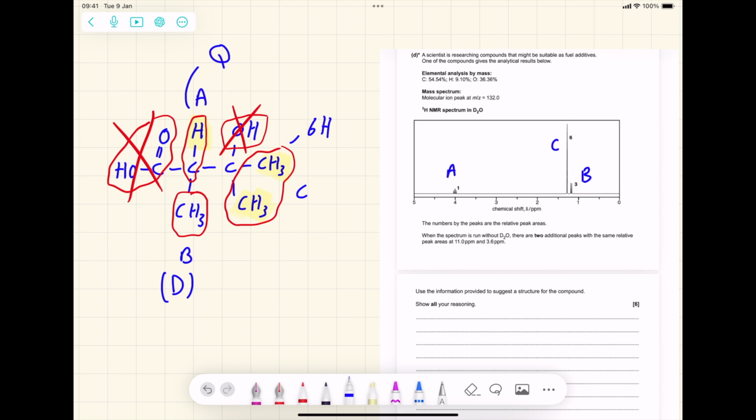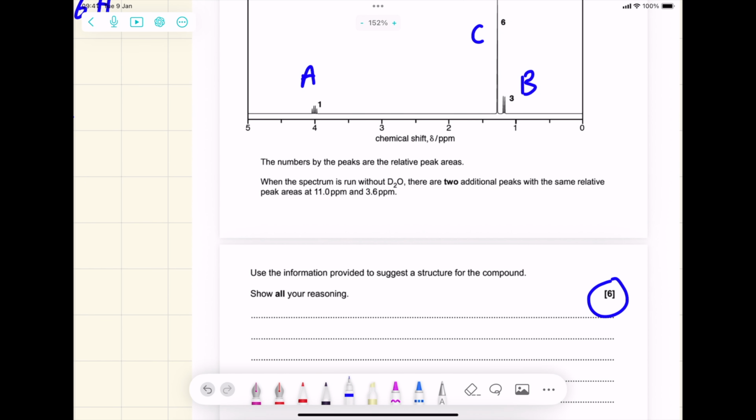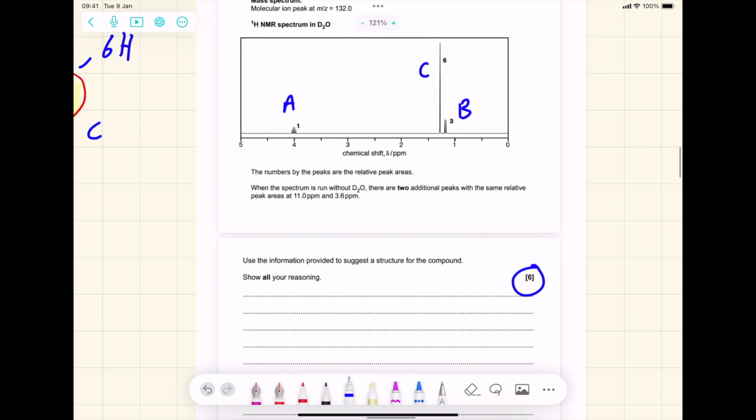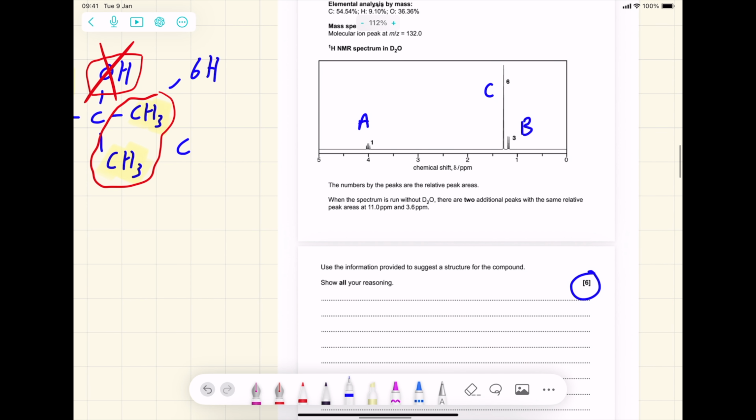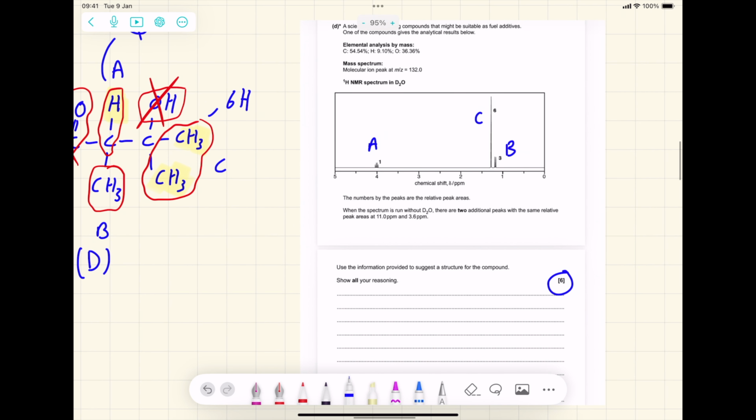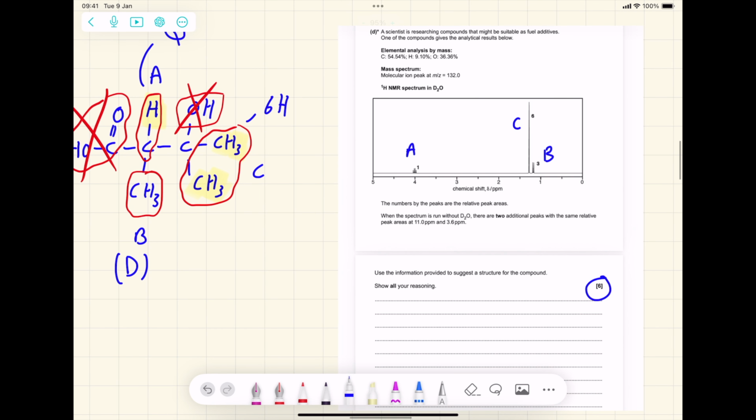So when you come to describe the process, even if you mess up your explanation and it doesn't sound as good as it should do, if you've got a clear diagram labelled that's cross-referenced to the NMR, you will get full marks, which in this case, you can see it's a lot of marks, 6 marks, and they're always this sort of number of marks between 6, sometimes running up to 10. So get your diagram done, label your diagram, match it to the NMR, and you'll be fine.